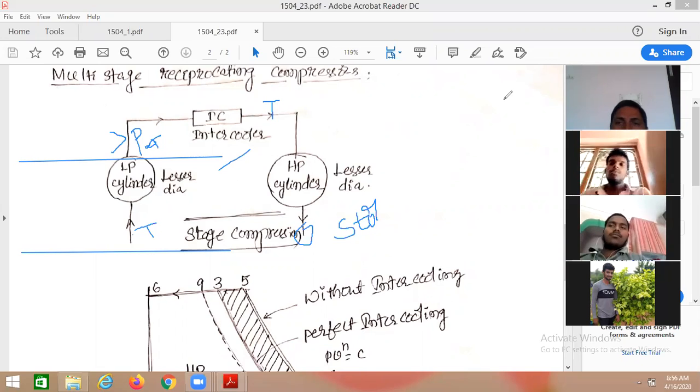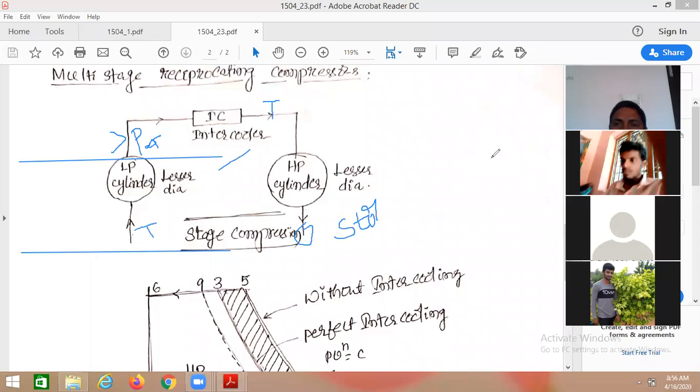The same thing we are trying to explain with the help of the PV diagram also.